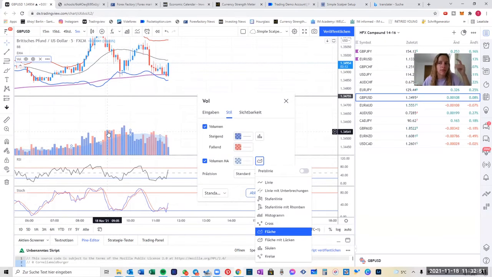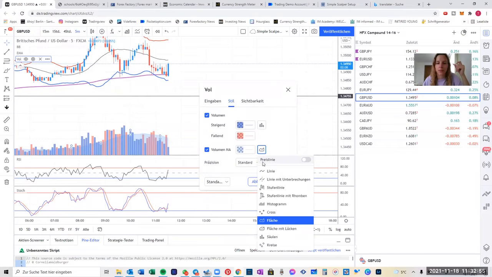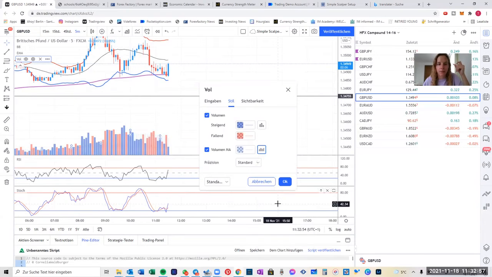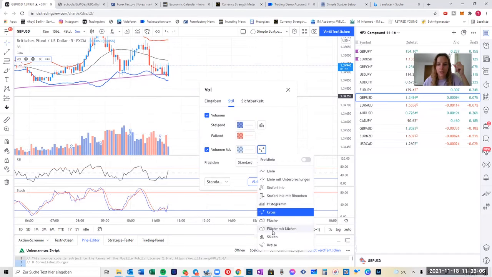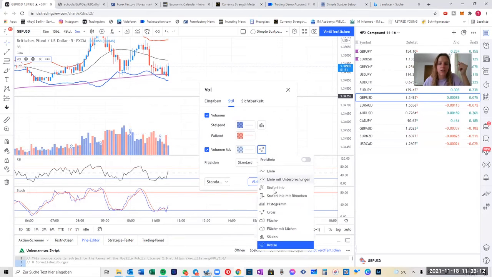It's a little bit of market reading. But when I say histogram, you see it's changing. We maybe cross. I hope you see it, or we can make it with gaps. Yeah, you can change really much.